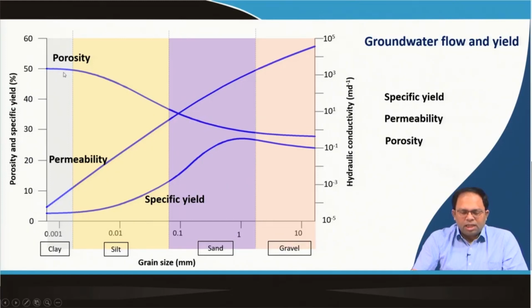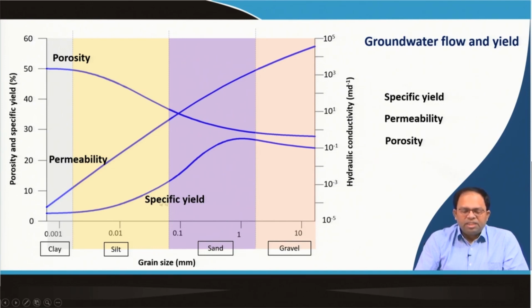The porosity decreases with gravel, so in case of gravel the porosity is lower. But permeability, which determines the flow rate of water inside the soil, is much less for clay, because we already discussed the grain size is so low in case of clay. That's why it does not allow water to pass through smoothly, whereas for gravel and all the permeability is very high. So, even though porosity is lesser compared to clay, the permeability is much higher.